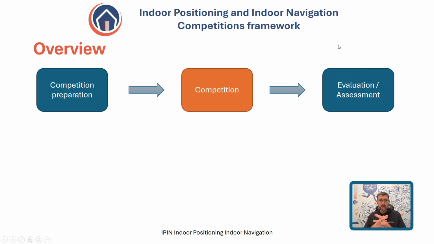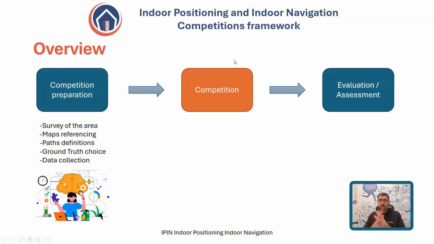So first, a bit of context. This is the overview we usually use in that video series. We define three main steps to organize and compete in the framework of IPIN. Competition preparation, with a survey of the area, map referencing, path definition, choice of the ground rules, and data collection.